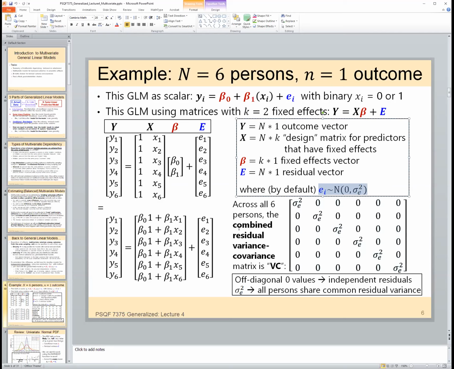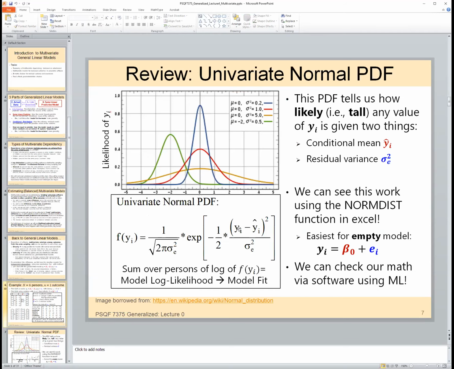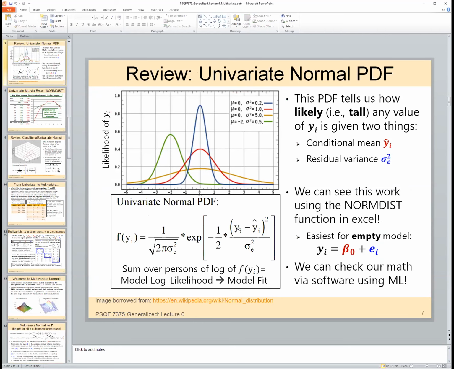So how does this have to change if we want to have multivariate data instead, more than one outcome per person? Well, let's look at how it works for univariate, and then we switch to multivariate. When we say we're using a general linear model, we are picking the univariate normal probability density function by which to calculate our likelihood.